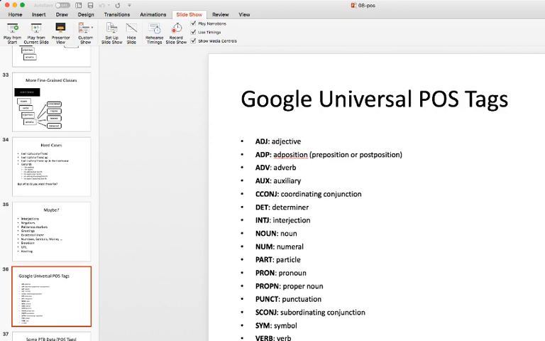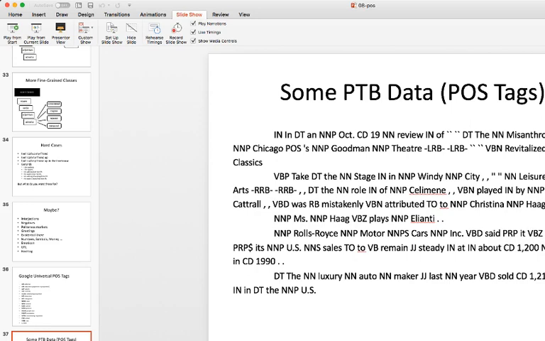They're very finely divided, but you can just take the first 2 characters in the part of speech tag, and it will give you these coarser part of speech categories. So this is what Penn Treebank data looks like with part of speech tags. You've got NNP for a kind of proper noun, IN for one class of prepositions, and so on.